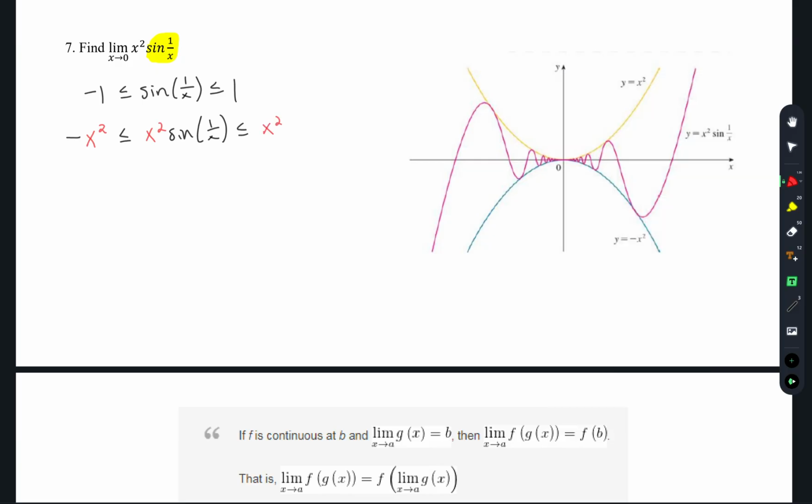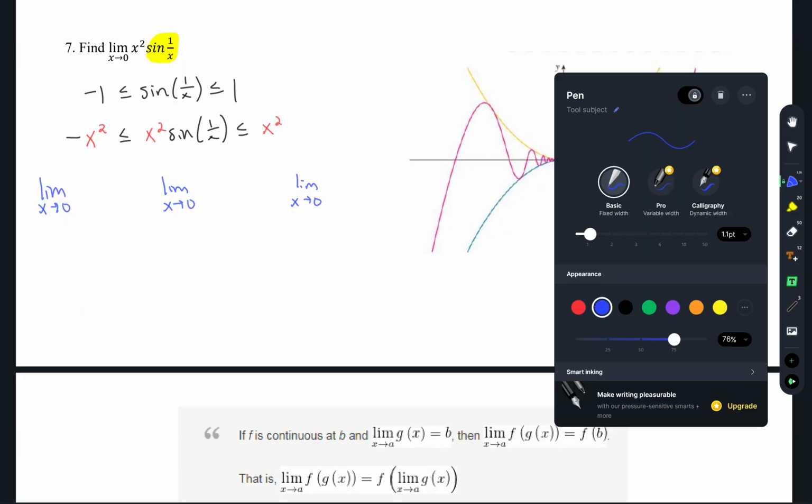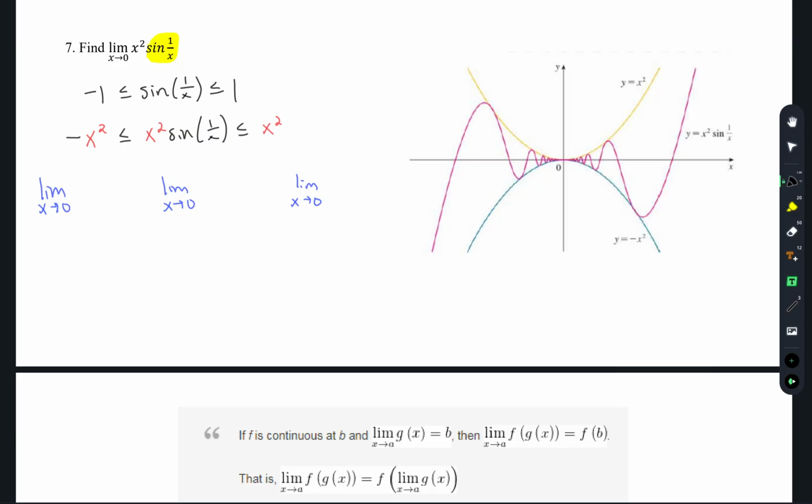I'm doing a lot of steps here, but I'm going to multiply both sides by x squared, and then I'm going to add in the limit because now it fully matches. I'm going to just do this so I don't have to keep switching. So it matches what we had at the top.